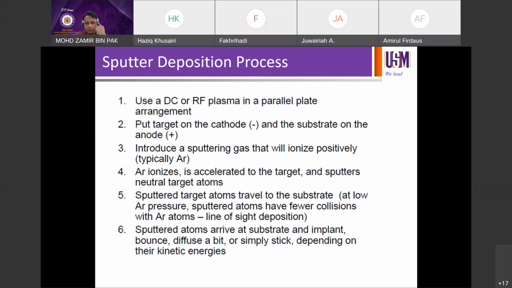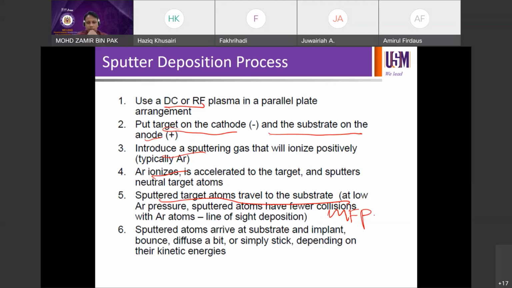So again, this is pretty much the same thing like the plasma formations now. We use DC or RF in parallel plate arrangement, and then cathode, put the target on the cathode, and then the substrate on the anode, and then Ar gas, ionization process, and then sputtered target atoms travel to the substrate. This is where the mean free path comes in, right?